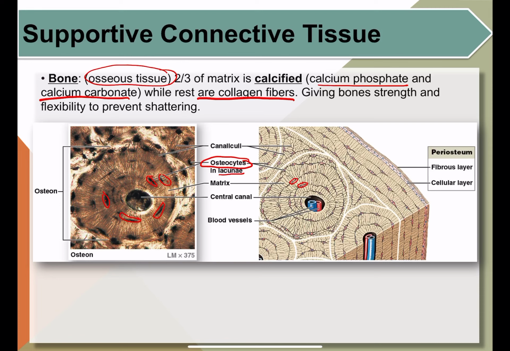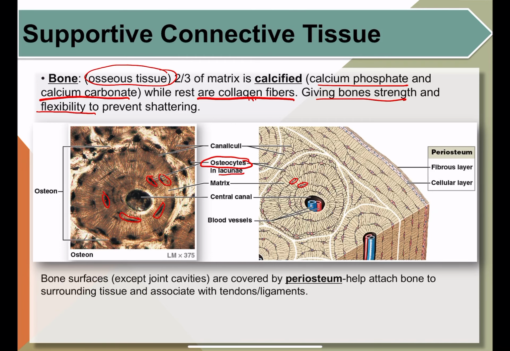And the calcified portion is what gives bones strength. The collagen fibers are what give bones a little bit of flexibility. Not like we can bend our femur or our tibia any way we want, okay? But it can stand some bending, a little slight bending, but not completely breaking it in half, okay?